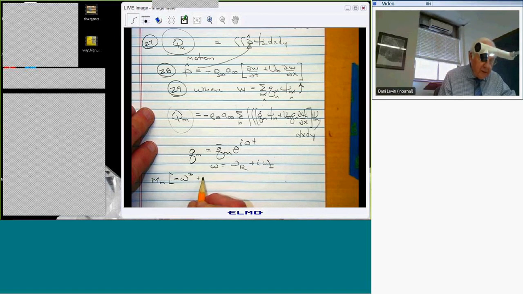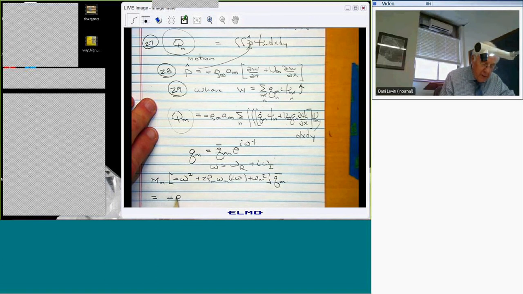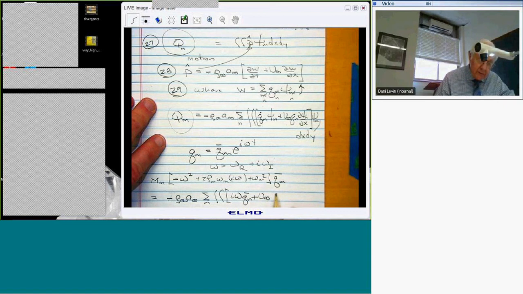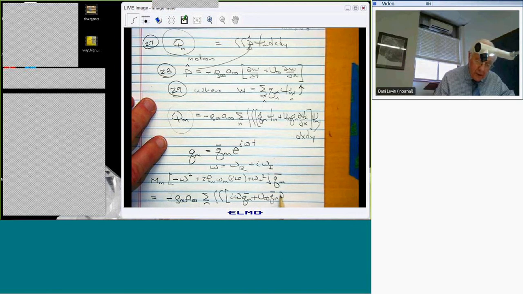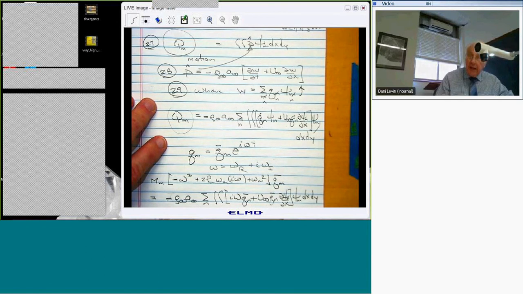Plus 2 zeta m omega m i omega, plus omega m squared, q m bar, equals summation, it's now minus rho infinity a infinity, summation over n, double integral, i omega q n bar plus U infinity q n bar, let's see, the psi sub n, dx, psi sub m, dx dy. Right? And I've canceled out the e to the i omega t.